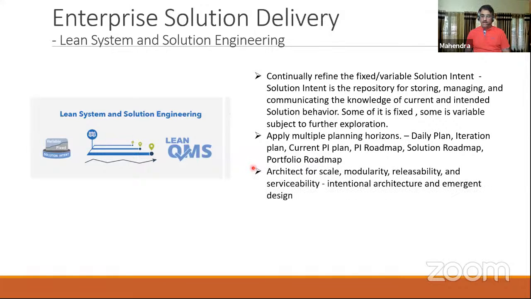And you have to scale for architecture. The practice that we initially had was that the design has to be in place and only then we'll start coding. Here we are talking of an emergent design. Yes, the overall architecture is in place, this is the intentional architecture.